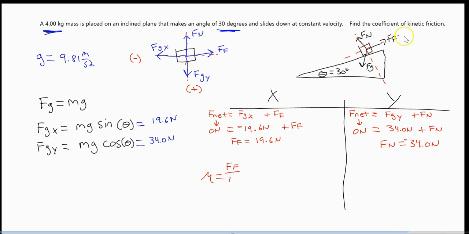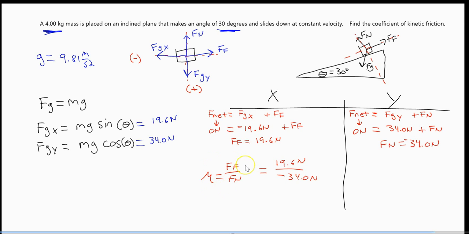Now, I'm looking for a coefficient. I'm going to recall that mu, the coefficient of friction, is the force of friction divided by the normal force. If I plug in my two forces, I would find that my mu is negative, right? A positive divided by a negative is negative. What's really important here is to remember that this equation cannot tell us the direction that friction or the normal force is acting.